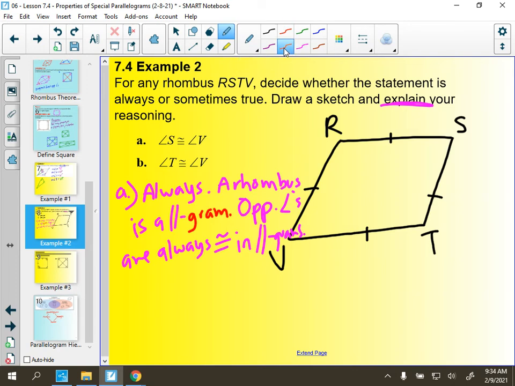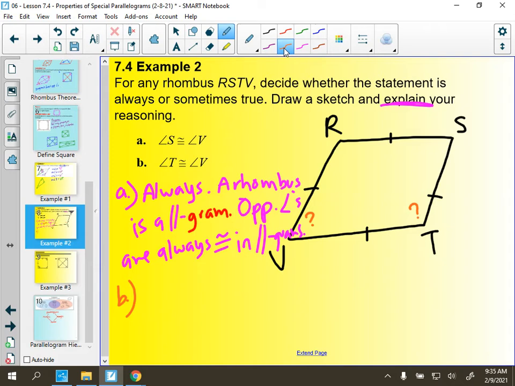Let's look at B then. It's asking about angle T and angle V again. Okay. So when I look at it, I see that doesn't look like it's true, at least on my particular picture. So when would it be possible for consecutive angles right next to each other to be exactly the same? Well, there's only one measure that happens for, and that would be 90 degrees.